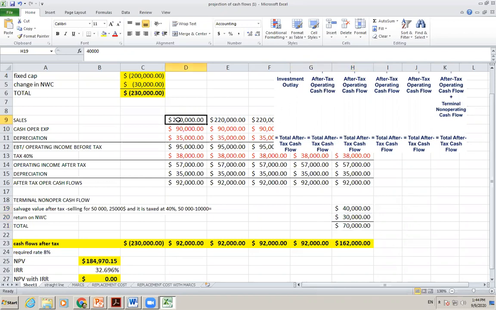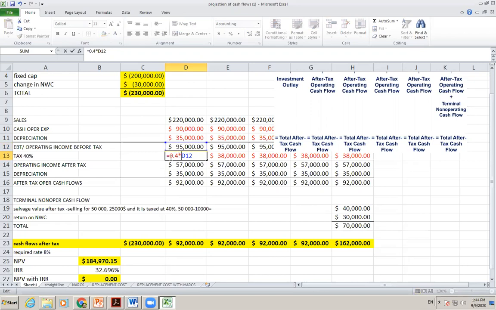So we have sales, you sell something. You have a cost to produce what you sell. Depreciation here. From sales, you subtract these two, and you get earnings. So D9 minus D10, D11, you get 95,000. Then from this, you should subtract the tax.